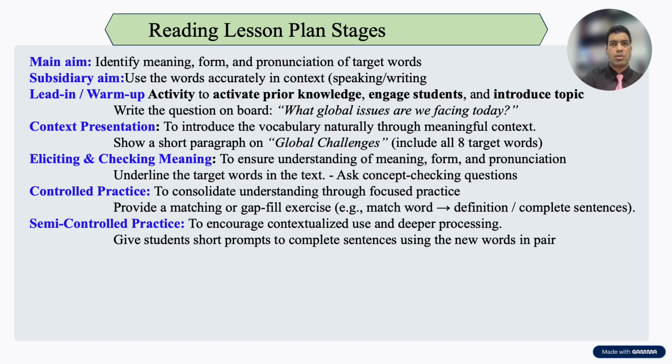Or use question and answer with the vocabulary words: What does it mean? Also finding synonyms and antonyms. Where did you hear about the words? So they can process. This is also semi-controlled practice.